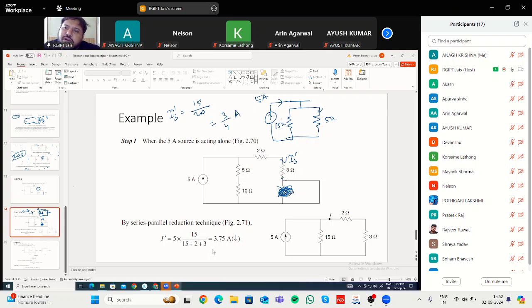This much current flows through this 3 ohm resistance when you have applied only the current source, and the current will flow like this. So this will be in the downward direction, 3 by 4 ampere current is flowing.